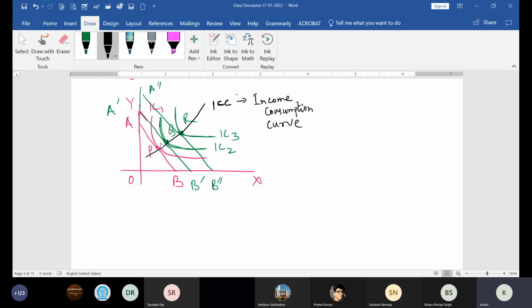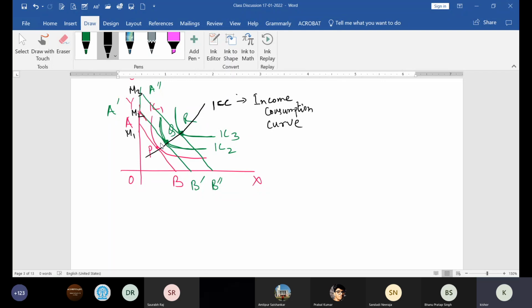When your budget line is AB, budget line AB represents what? Suppose your budget is M1. When your budget is M1, the budget line is AB, and you are purchasing at point P. When budget increases, suppose M2, then it becomes M3, and so on.